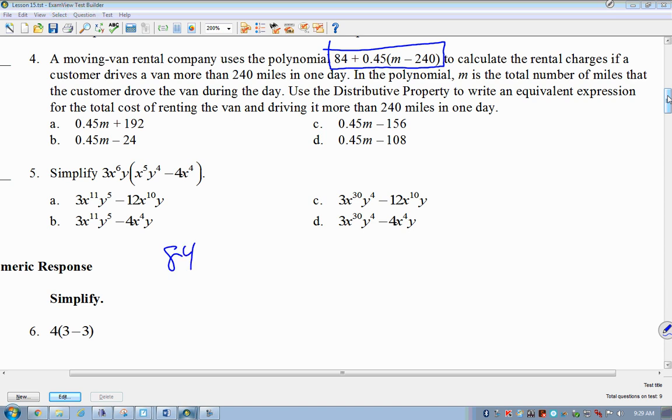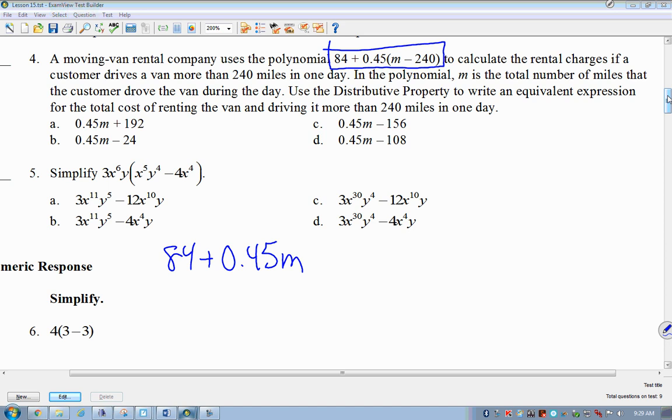Okay, so I'm going to bring down 84. All right, you said distribute the 0.45 to m. What does that give me? Good. Okay, now what? Okay. All right, or negative 240.